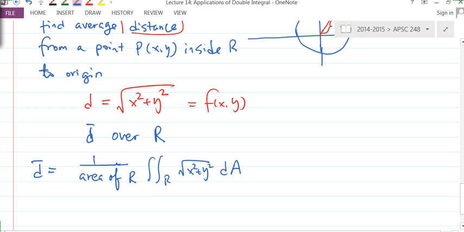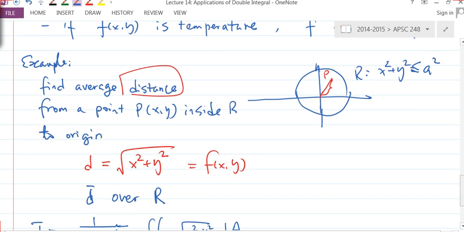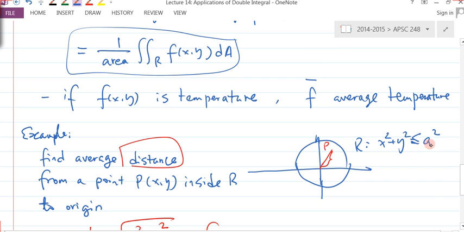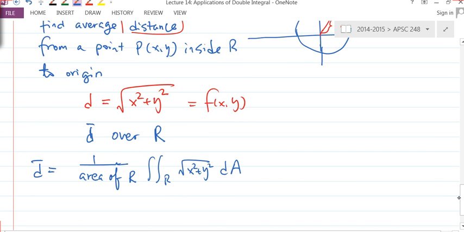That's the expression that you need to evaluate. The area of R is too simple. It's a circle, so the area of R is pi times the radius squared, and the radius here is a. So this quantity is 1 over pi a squared.